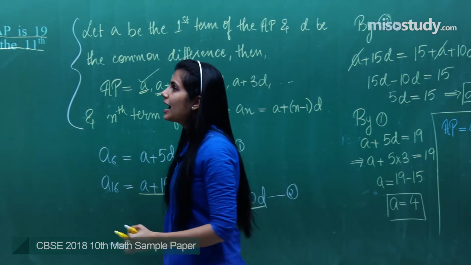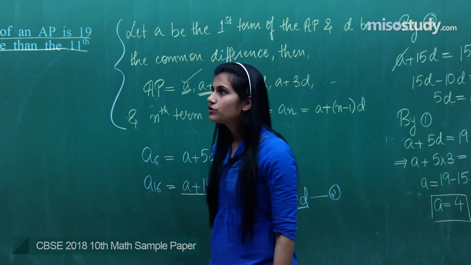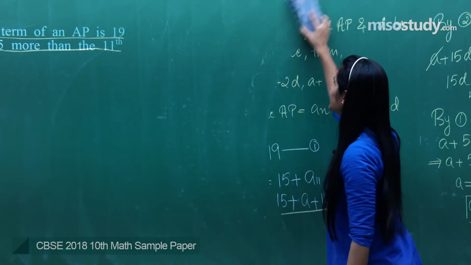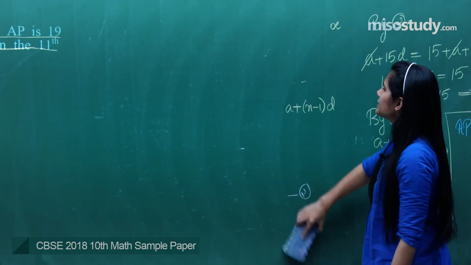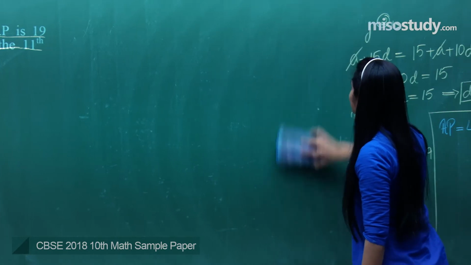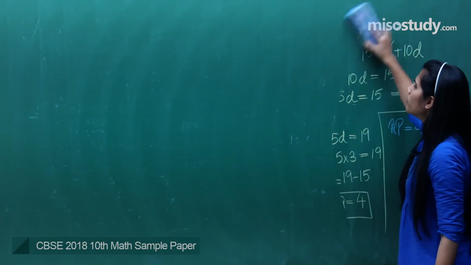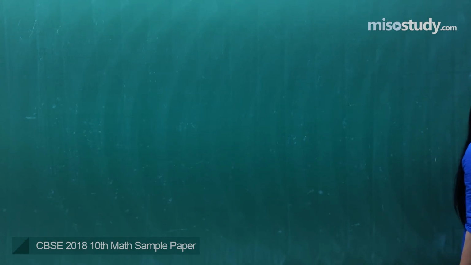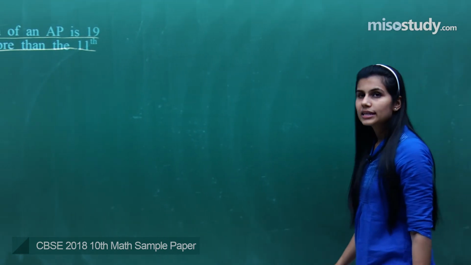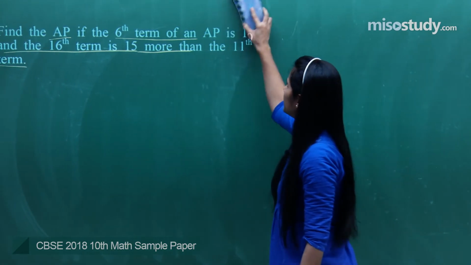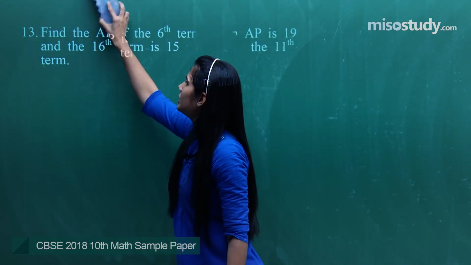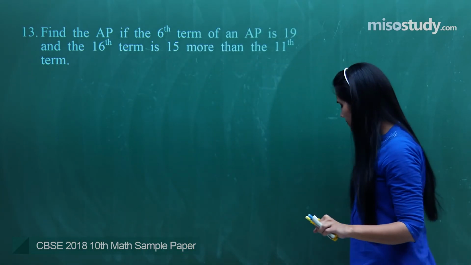Thus we have found the AP which satisfies the condition that the sixth term is 19 and the 16th term is 15 more than the 11th term. That is how you deal with questions like these. Very simple, just the direct concept of AP is used, nothing more, nothing great.